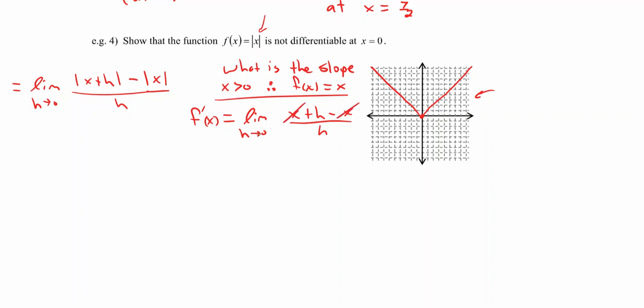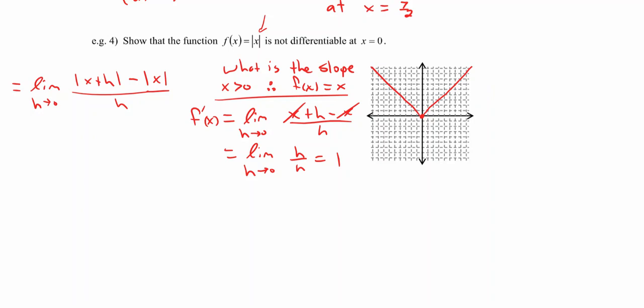So then this would be the limit as h approaches 0 of h over h. So that'd be equal to 1, right? Because the h's cancel, and then I can't really put 0 in for anything. There's no h to put it into, right? So it's 1, which makes sense, right? The limit would be 1. The slope would be 1, 1 over 1 at any given point. So that makes sense for that side of the graph.